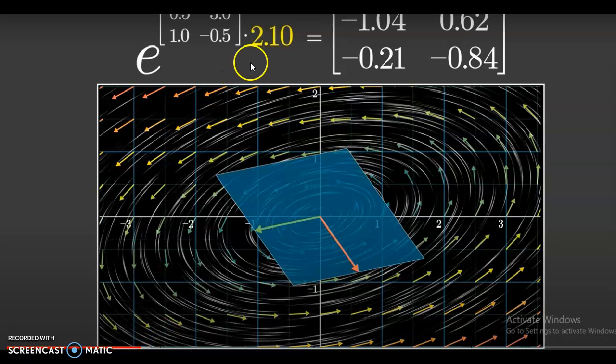So here e to the power of the matrix gives minus 1.04, 0.62, minus 0.21, minus 0.84.